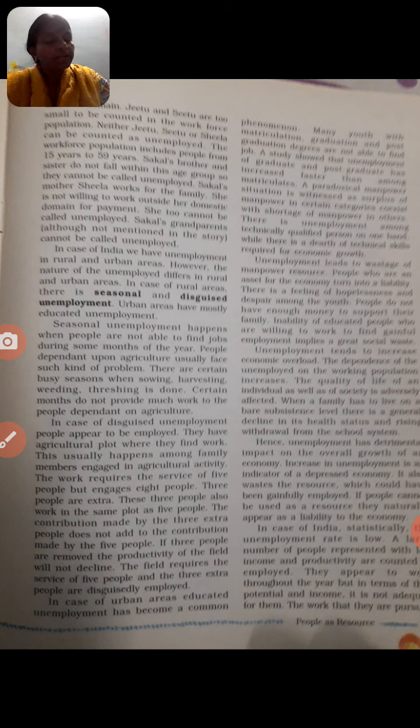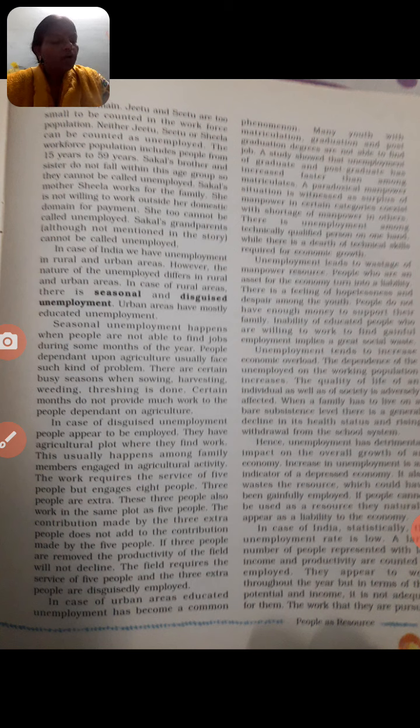Those who are not willing to work outside are also not unemployed, and her mother was not willing to go out from her home and bring money, so she also may not be called unemployed. Sakal's grandparents are not mentioned in the story, but of course they will not fall in the category of unemployed.